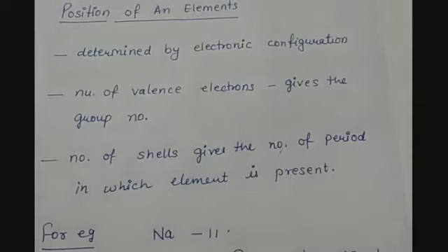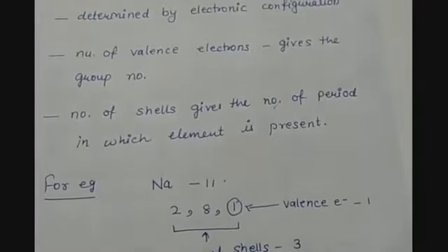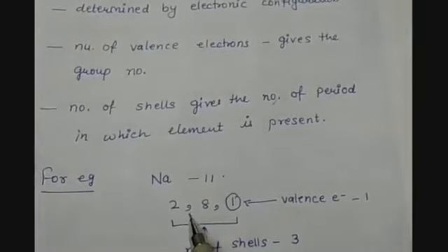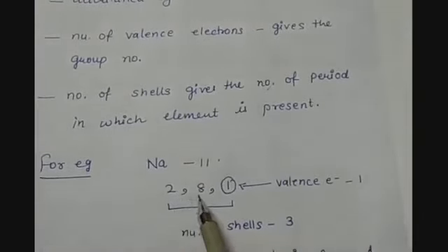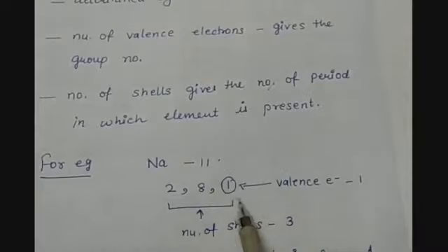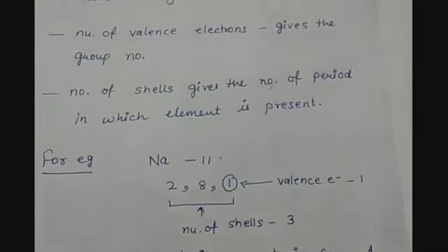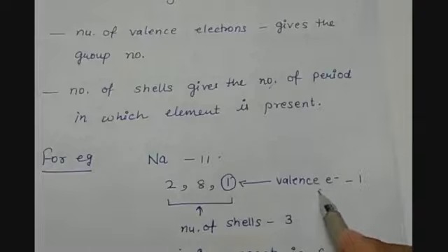For example, if we take sodium, so we know sodium is having an atomic number 11. So its electronic configuration will be 2, 8 and 1. So here you can see that in the last shell we have one electron. That means one valence electron is there with the sodium. And because the number of valence electron is always equal to the number of group, that means sodium is placed in the group 1.